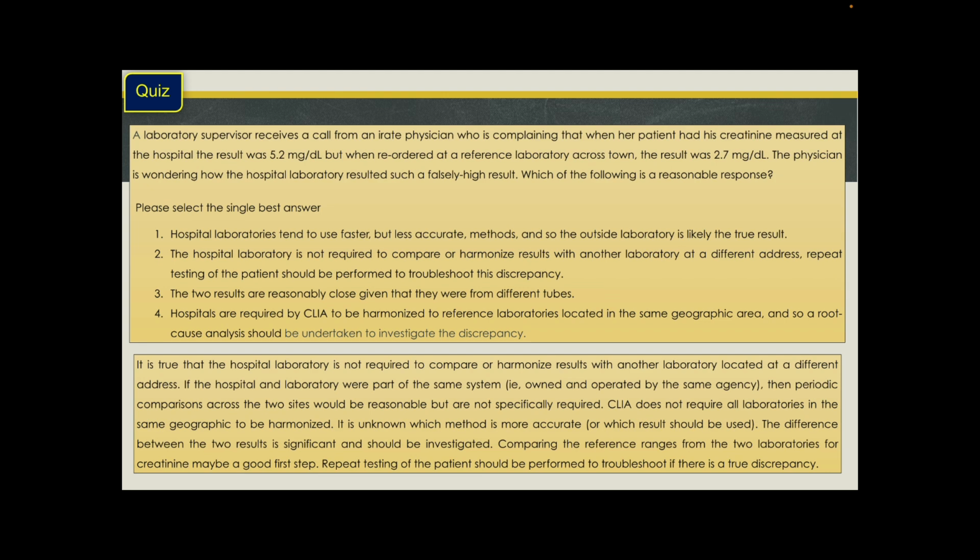CLIA does not require all laboratories in the same geographic area to be harmonized. It is unknown which method is more accurate, or which result should be used. The difference between the two results is significant and should be investigated. Comparing the reference ranges from the two laboratories for creatinine may be a good first step. Repeat testing of the patient should be performed to troubleshoot if there is a true discrepancy.